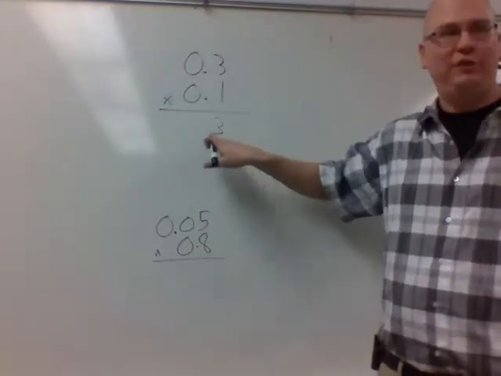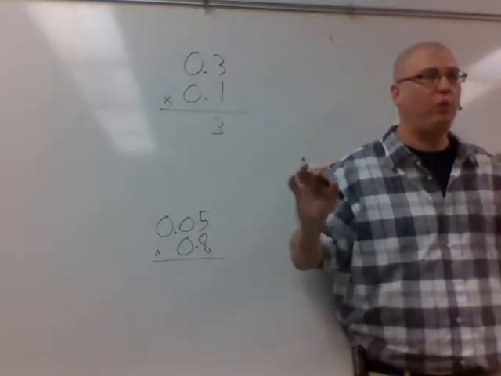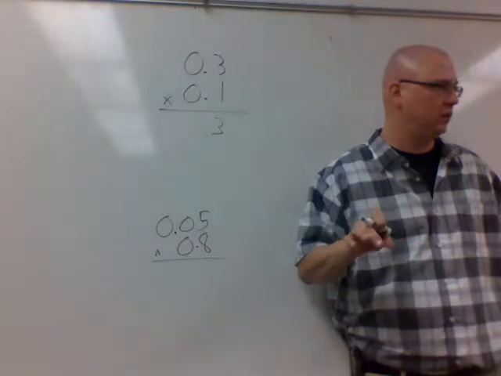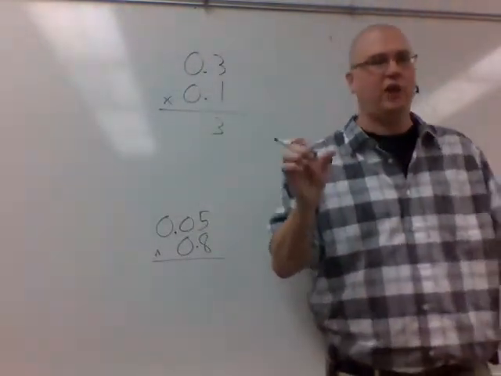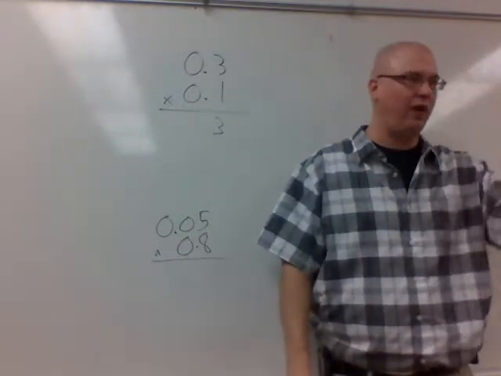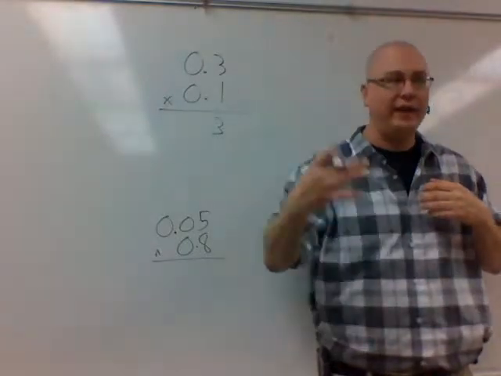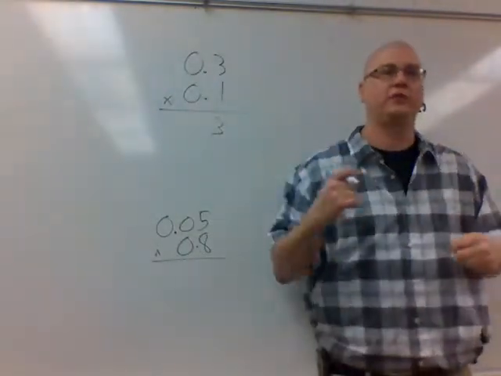We don't have enough digits here to put 2 decimal places in our answer, do we? We have 1 digit. Is there a digit that we can use that has no value by itself, but when it works as a team gives value to other digits?